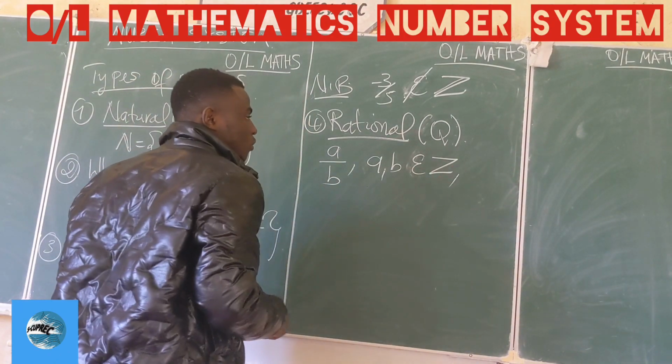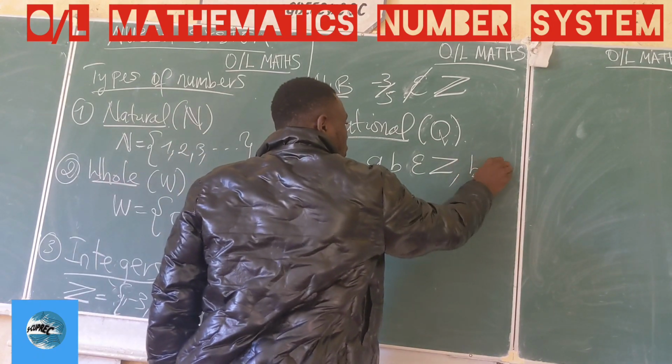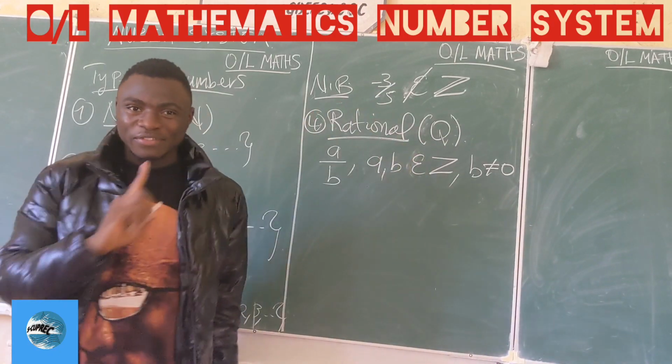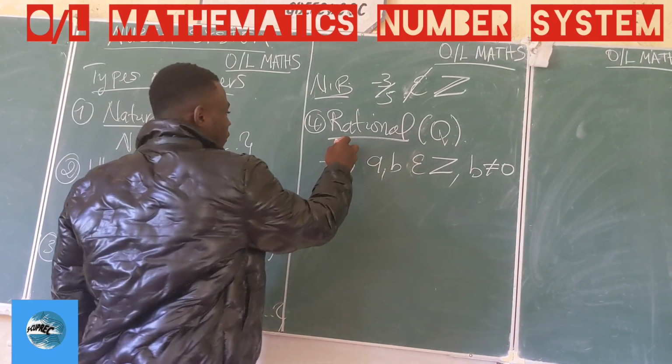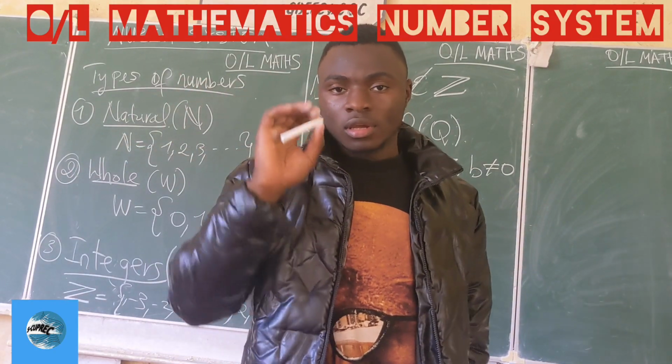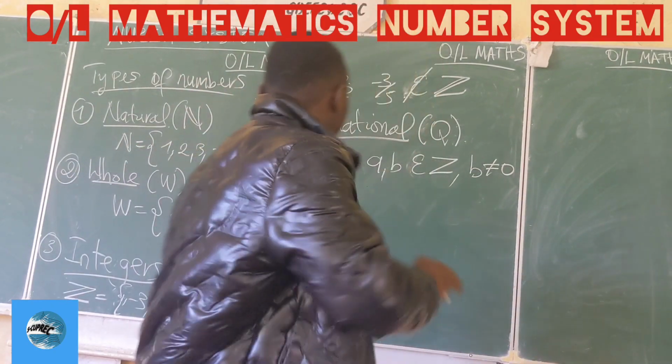But you have to know that B should not be equal to 0. Because if B becomes 0, it becomes undefined. So any number of the form A on B, decimal, is said to be a rational number. Okay? Very good.